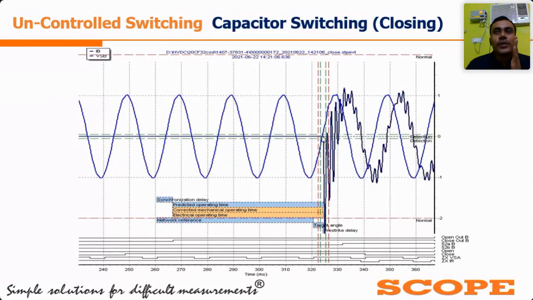That's why we close it at the voltage peak. But in the case of a capacitor bank, it opposes the change of voltage. That's why we close it at the voltage zero position, as we have done here, but it is a little bit shifted from the voltage zero condition.